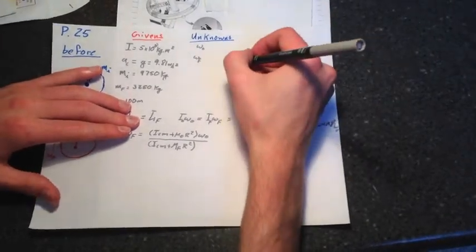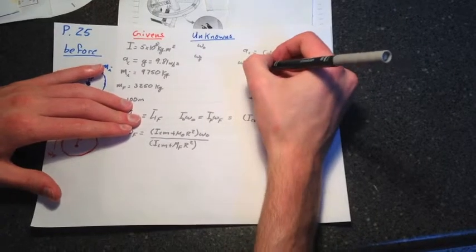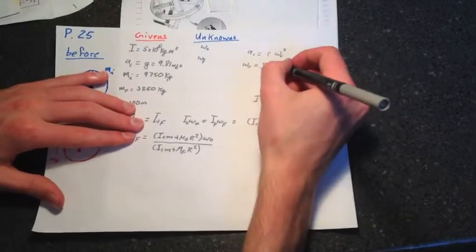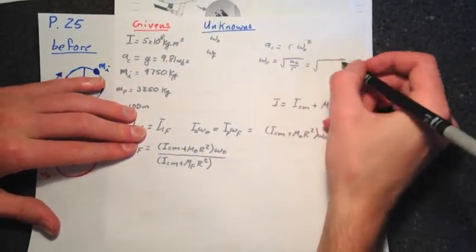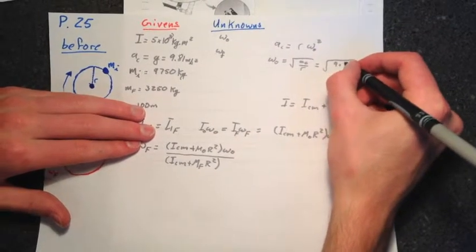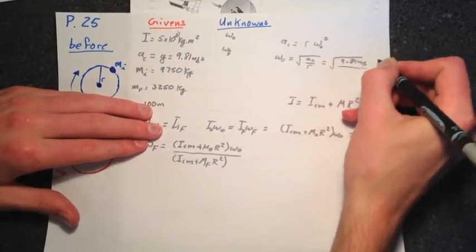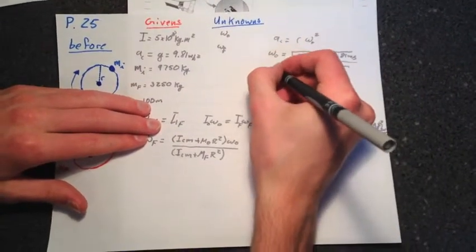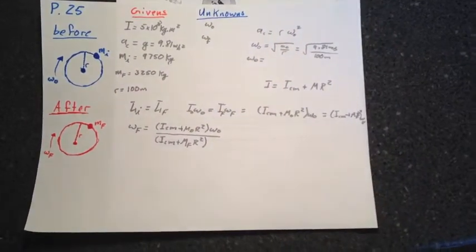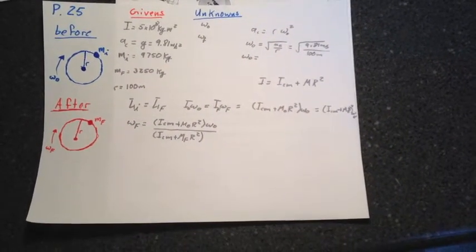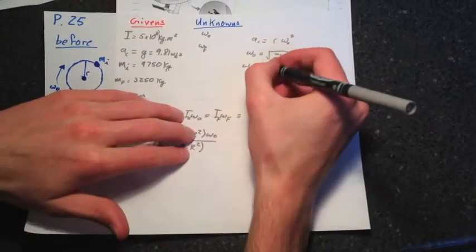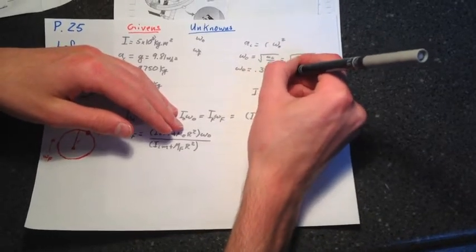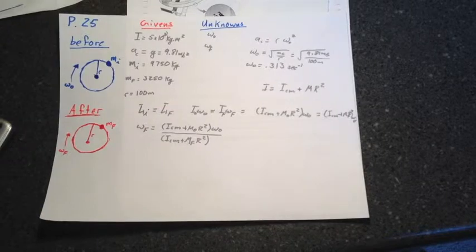Isolating for omega naught, we find that omega naught will be equal to the square root of AC divided by R. Because we know that our AC is equal to g, which is 9.81, divided by our radius, which is 100 meters, we can determine that our omega naught is 0.313 seconds inverse. And that's what we'll plug in for omega naught.